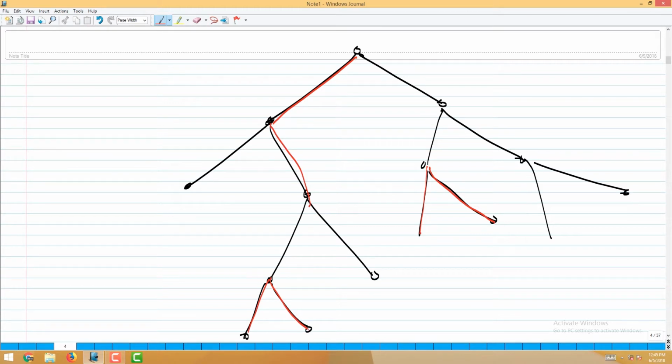Subtree means it should be connected. So this is a subtree, this is a subtree, but not if I draw something here and then try to draw something here, then it is not connected, right? It's two pieces. So only connected pieces we consider as subtrees.